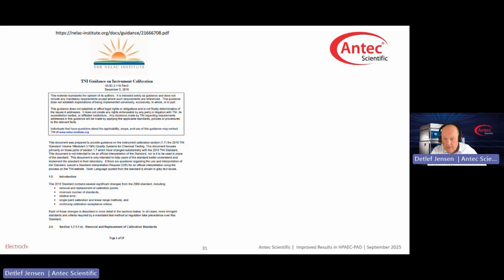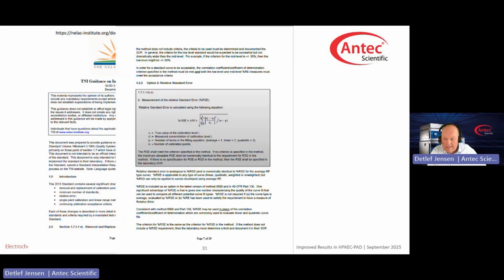The U.S. Environmental Protection Agency and other organizations cover the process I'm talking about, and this document introduces the so-called RSE, and as a replacement, the RSE stands for relative standard error, as a replacement for the correlation factor and the RSD of calibration.